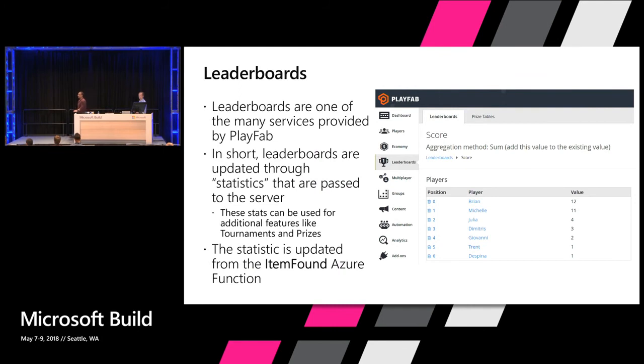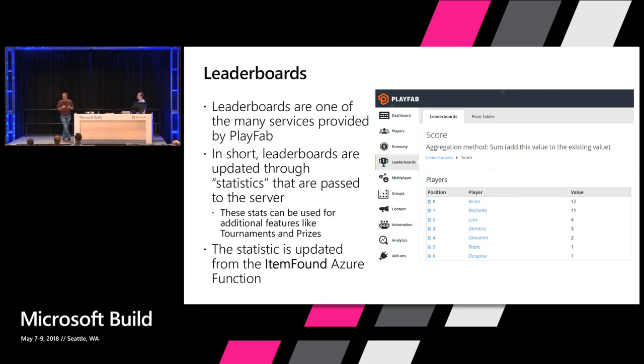OK, so leaderboards. I don't know how many of you are game developers, but most of you, I suppose, to be here, play games. So leaderboards are an interesting way for game developers to increase retention in the game, to increase player engagement, to make games feel more competitive, and of course, have the user enjoy the game more. Leaderboards is one of the many great PlayFab services.